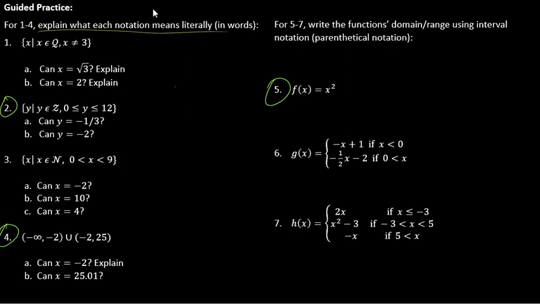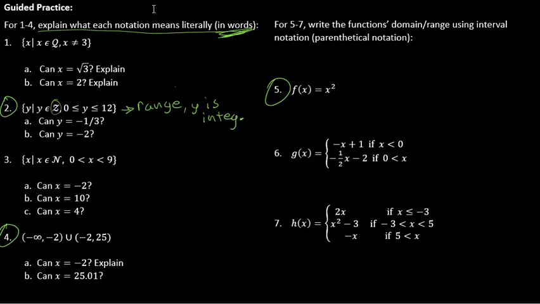Explain what each notation means literally, which is a fancy way of saying in words. So what do I have here? I have y bar, y epsilon z, 0 is less than or equal to y is less than or equal to 12. Basically what I'm saying here is that our range is that y is an integer.